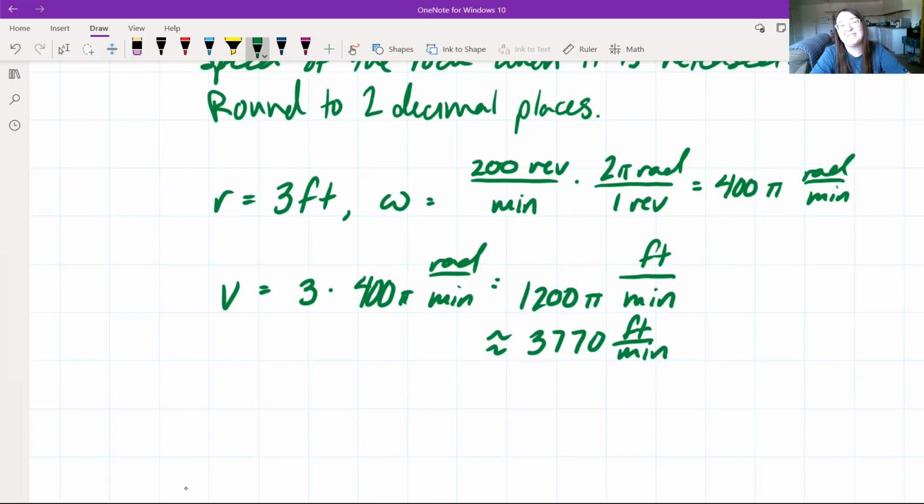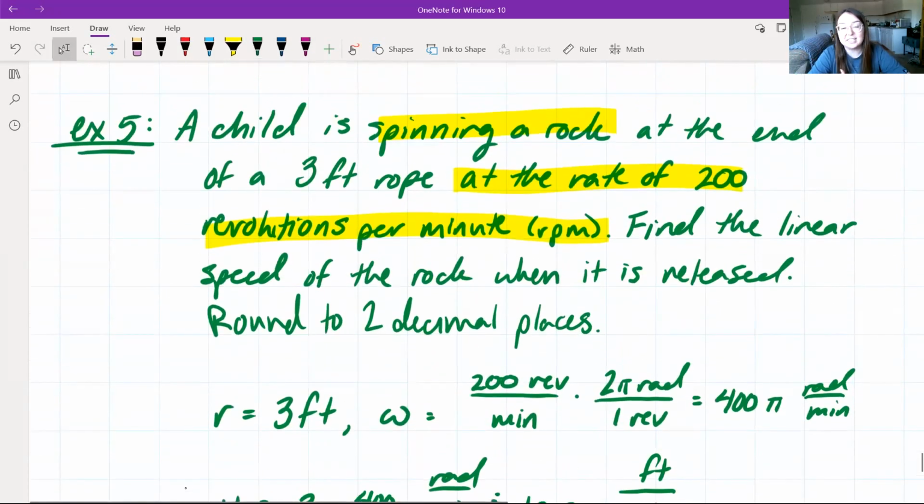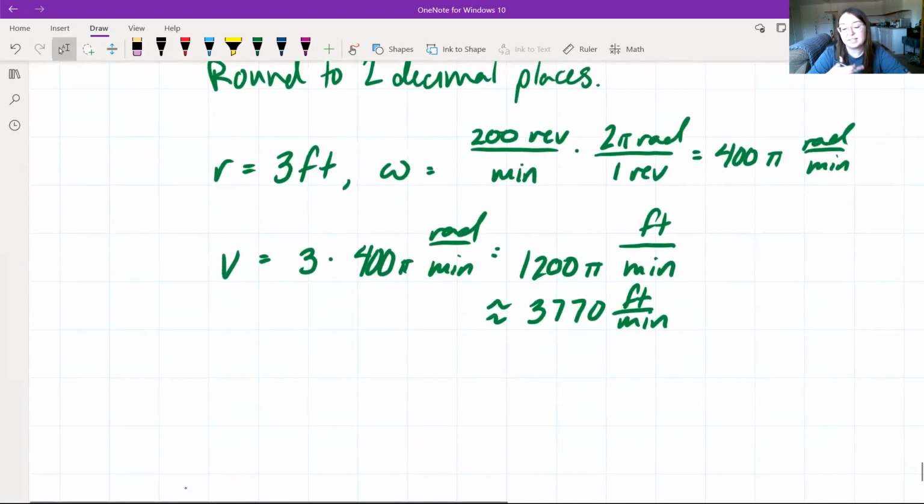Feet per minute is a little bit of an odd measurement. We really like to have it in miles per hour. It doesn't tell us in our question to convert to miles per hour, but in my math lab, it would tell you to have your answer in whatever unit. So if it said that feet per minute was fine, you could definitely leave it like this.